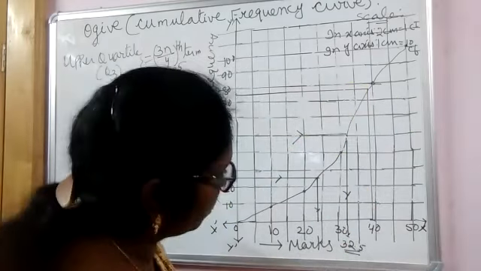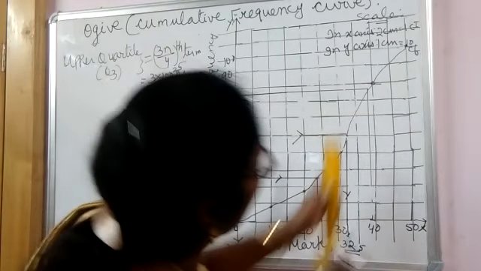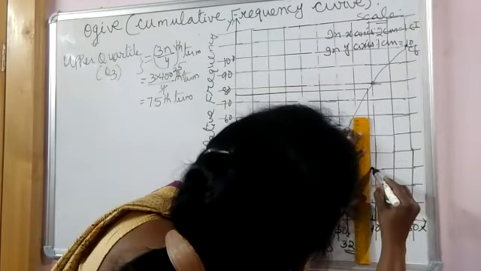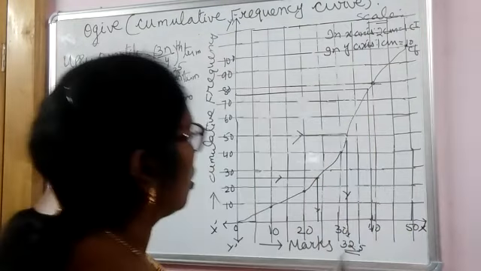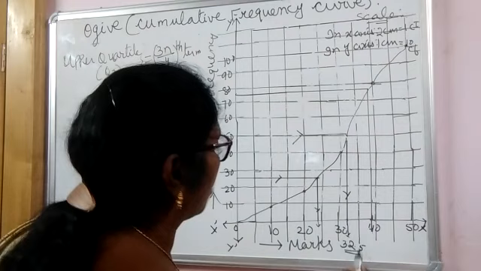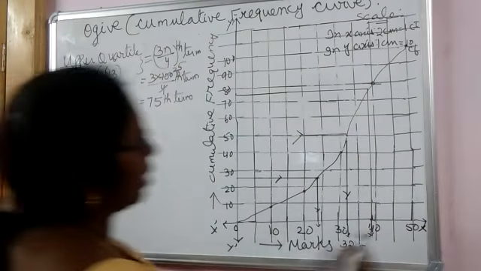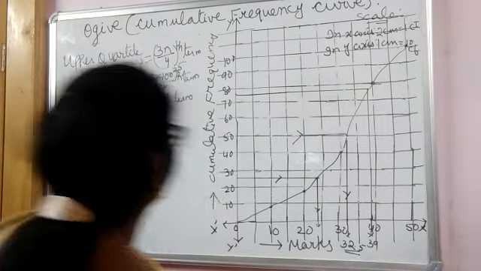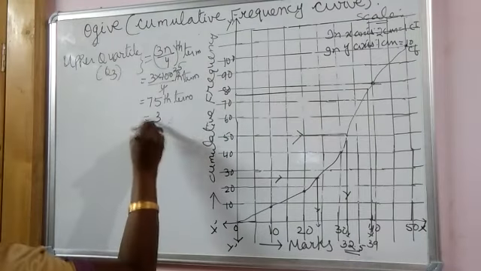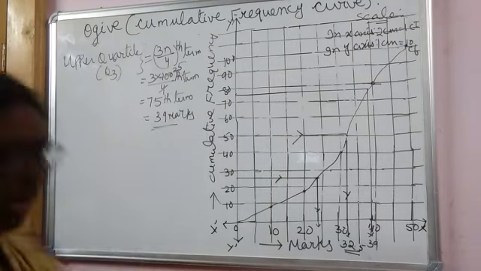It became a little crooked. You should do it properly by using a scale and pencil. This point shows the lower quartile. This point gives you the upper quartile. Here 35, 30 means 39. A little this side or that side you may get. 39 marks is the upper quartile.